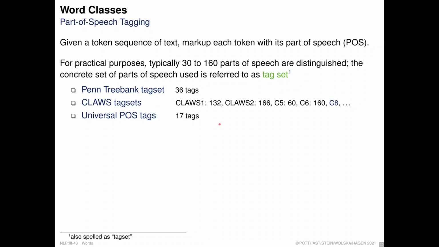Like I said, the universal POS tags are mainly, for the most part, based on the classic parts of speech. It includes 17 tags that have been designed to cover or account for most languages. That's why it's called universal POS tags, because it covers most classes present in most languages.